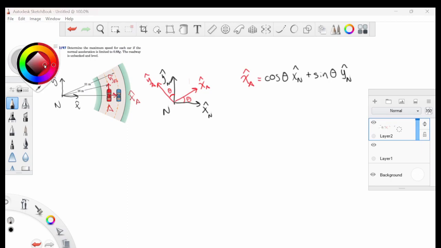The question for you on the last lecture was to find the derivative of XA hat, and you were able to arrive to the conclusion that the derivative is equal to theta dot YA.